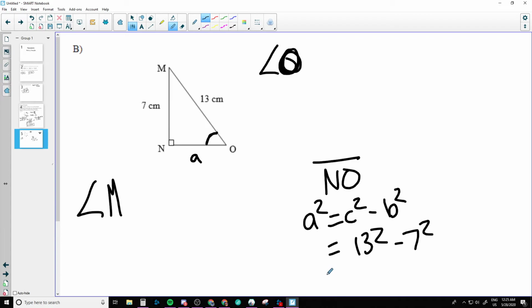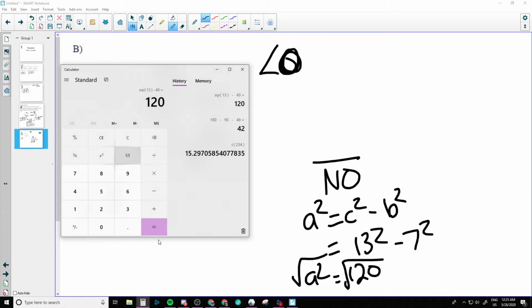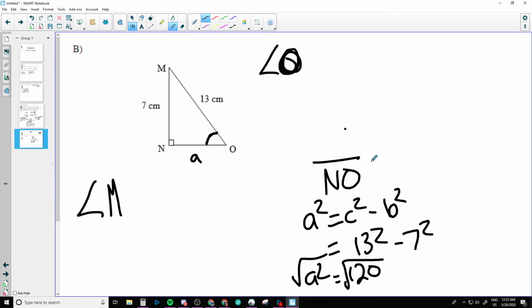That gives us 120. Now we have to square root that. Oh, my mistake. Square root it. 10.95. Does it want it to one decimal again? It doesn't say, so we'll just do 2. So a equals 10.95 centimeters.